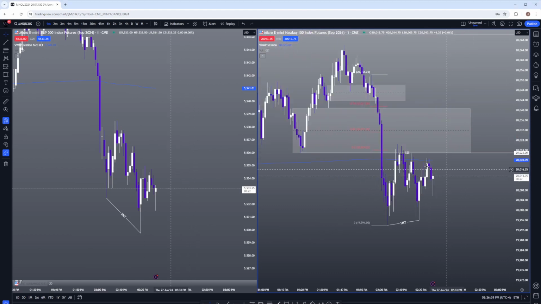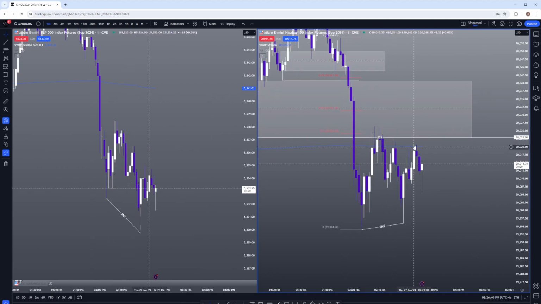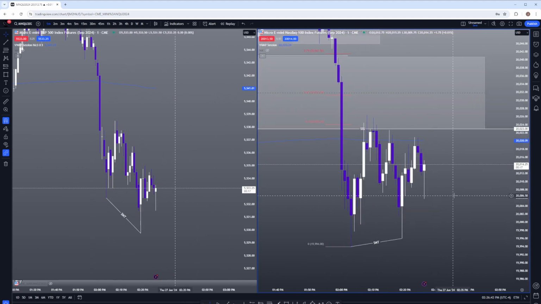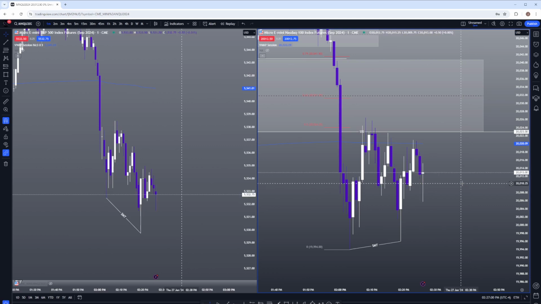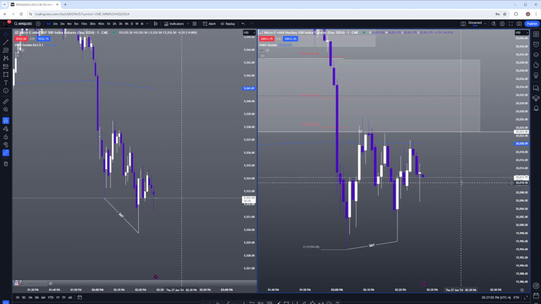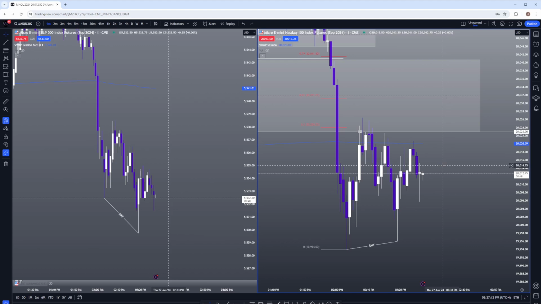So right now I'm not really looking to take another trade after seeing how this one played out, after seeing how we really didn't get that continuation. So right now it's all about being patient, guys.